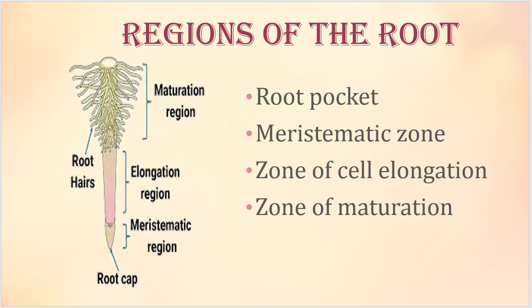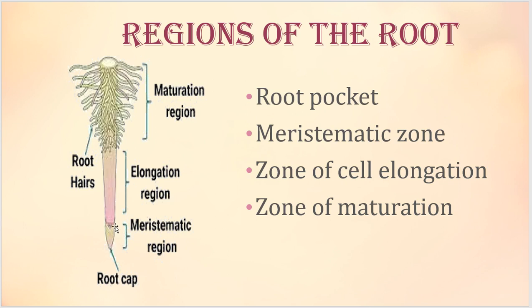Now, what are the regions of the root? There are 4 major regions that we could find in any prominent taproot system. The first part, which is at the tip of the root, is called the root pocket or root cap region. This root cap region will generally protect the inner meristematic zone.